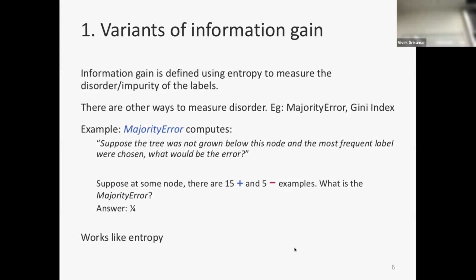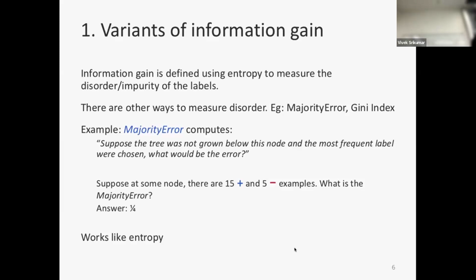It turns out that this concept works very much like the entropy. Data sets that have higher disorder will have a higher majority error. Data sets that have all examples belonging to the same label will have a majority error of 0. And as the disorder in the data grows, so does the majority error.